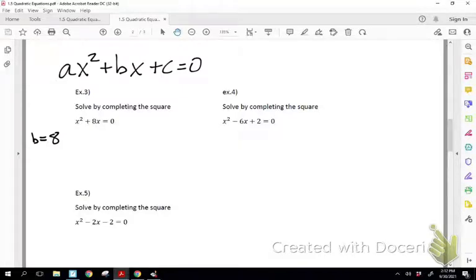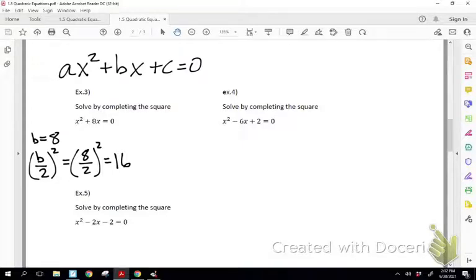C is just 0. So you ignore that and you use the b of 8 and plug it into the little completing the square formula. And we're going to end up squaring 4, which is 16. So that's the number we want to add to both sides.